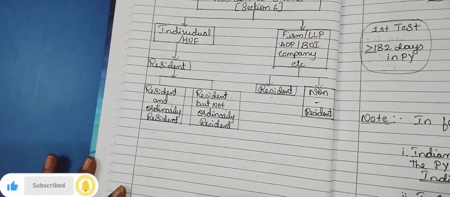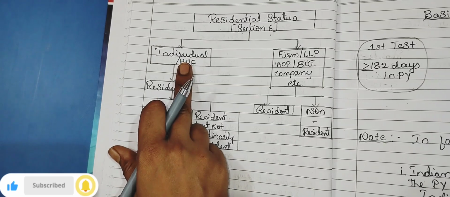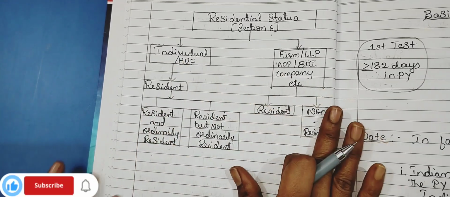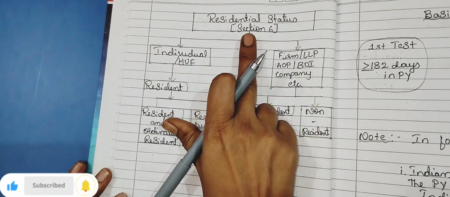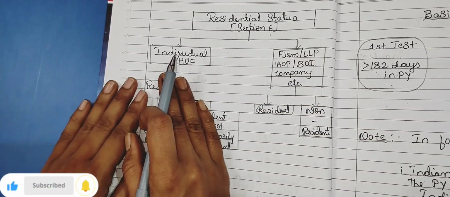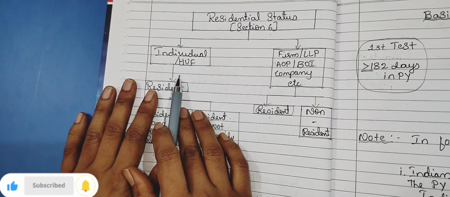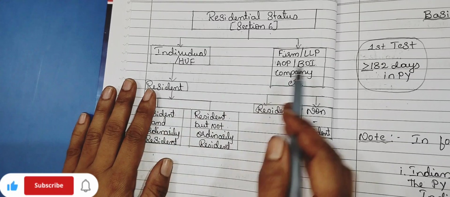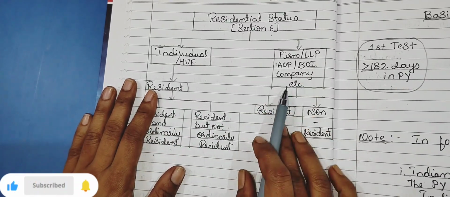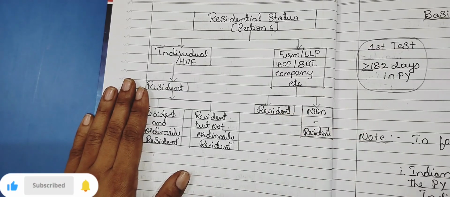Right, so residential status, see, we have divided into two main parts. Residential status comes under this section 6. The main part, the hero of the residential status, is individuals and HUF. Here you are not going to study for firm, LLP, AOP, BOI, company, etc. This is separate, different.